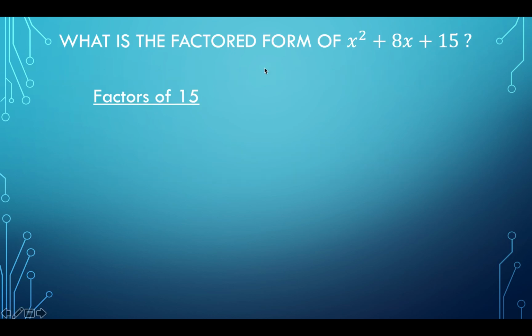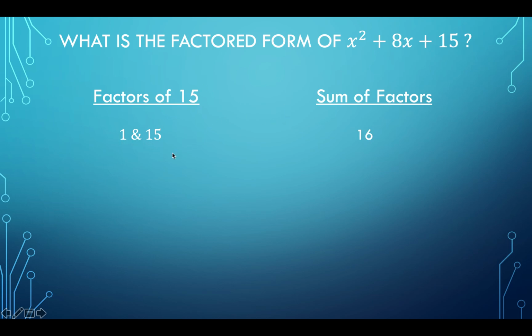What two numbers, when we multiply them together, are going to add up to whatever this number is. So the way to do this is you're going to write the factors of 15, and then you're going to write the sum of the factors. So let's practice. What two numbers, when multiplied together, will give us 15? The first one is always obvious, 1 and whatever that number is. So 1 and 15.